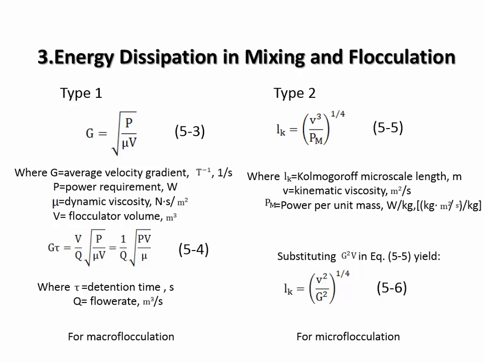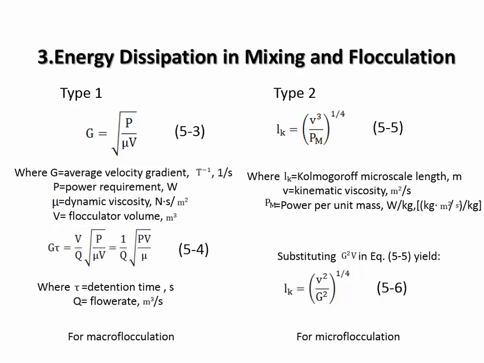And 3 is the energy dissipated in mixing and flocculation. There are two tables of the energy dissipation. The first one is always used for macroflocculation, because the materials can be statistically handled. But table 2 is where, for some quantum in the water, the numbers will be huge.